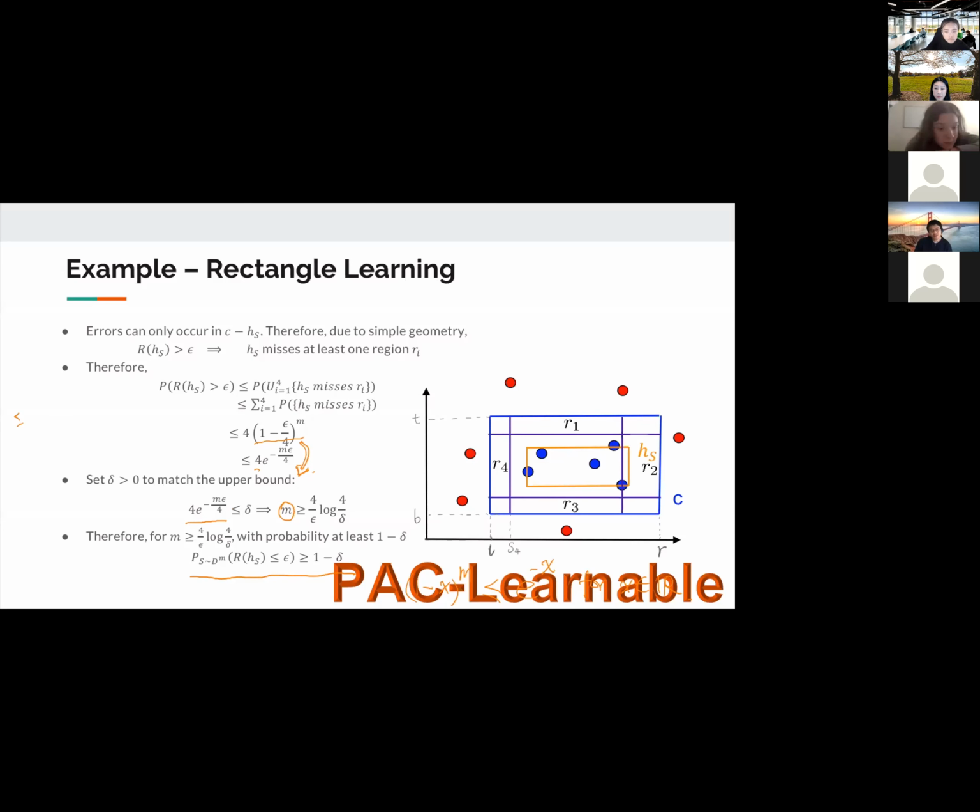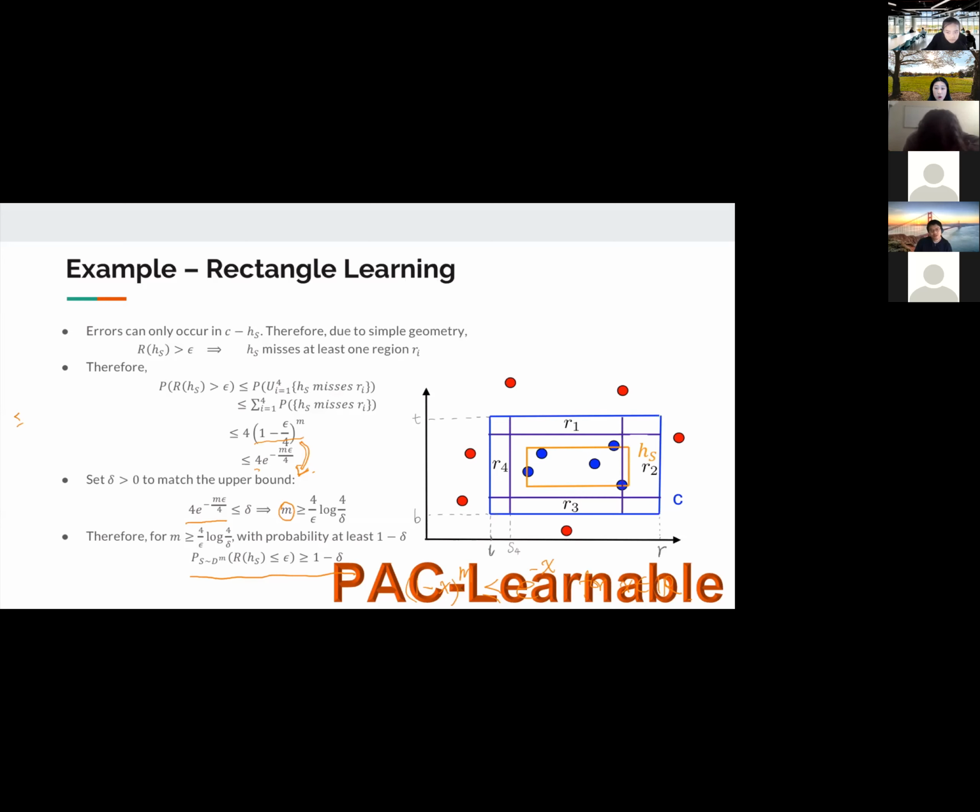Yes, in terms of robustness, it's not very clearly defined what you mean by robustness here, right? For example, in this axis-aligned rectangle learning, we haven't considered the scenario where your training examples could be noisy, meaning the labels could be noisy.